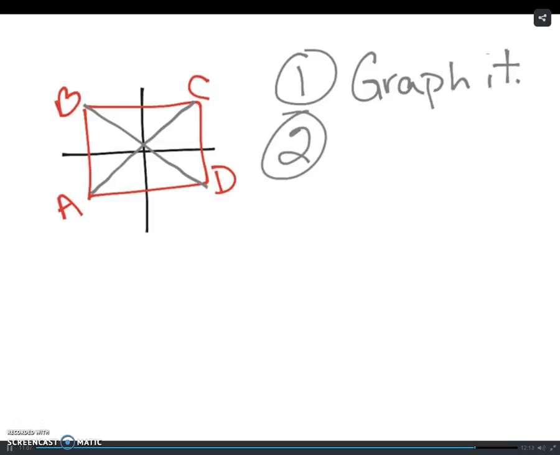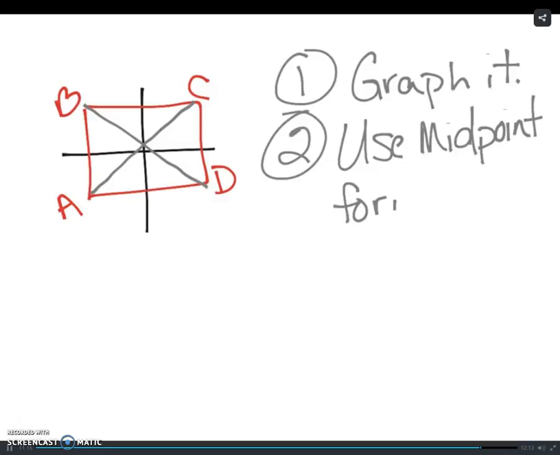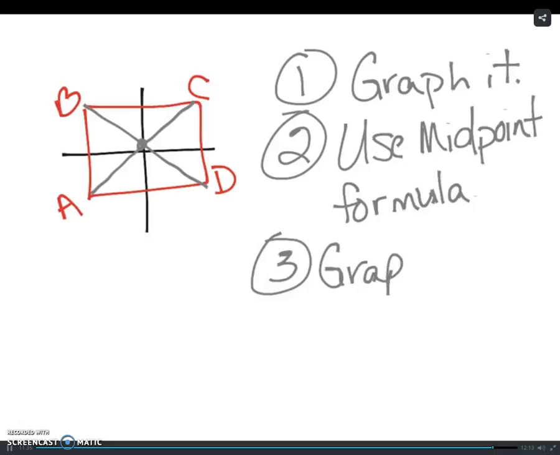Step 2 is to use your midpoint formula. Since the two diagonals intersect right at their midpoints, that's what bisecting each other really means, you can use the midpoint formula to find the midpoint of one or both diagonals. Step 3 is to graph your answer and make sure that it makes sense.